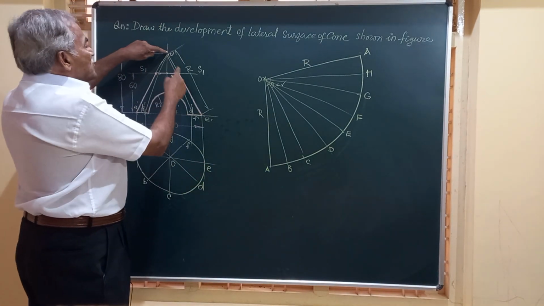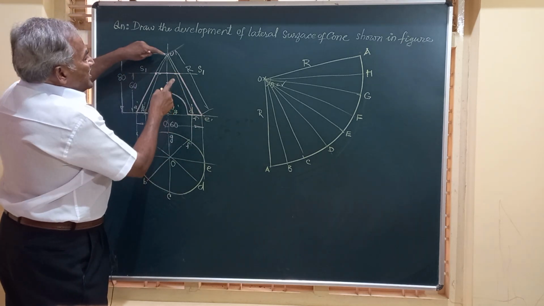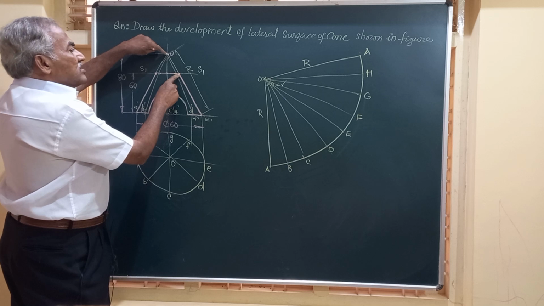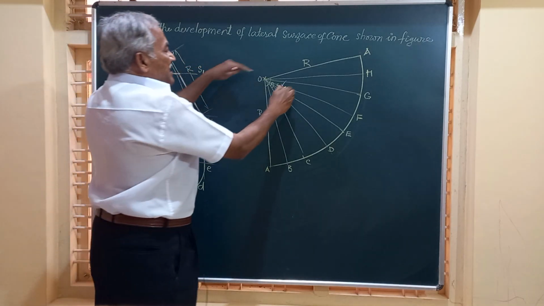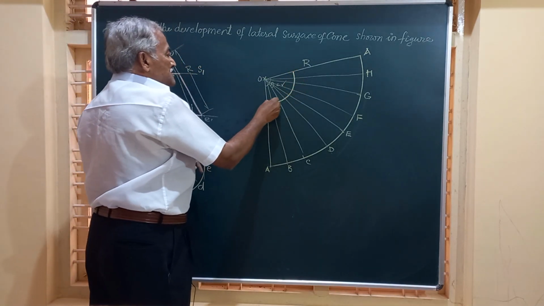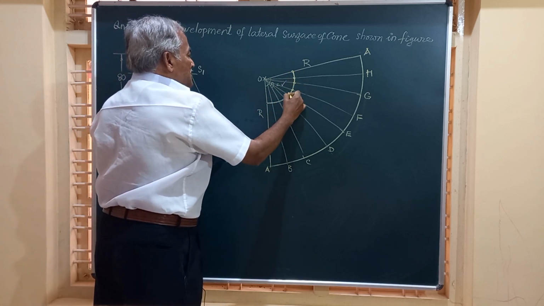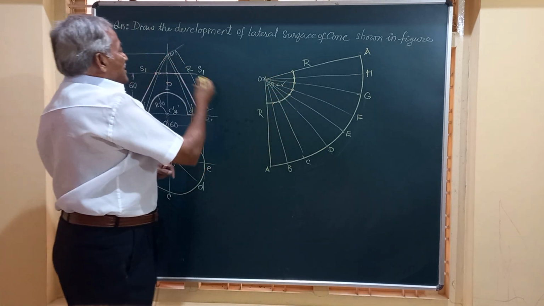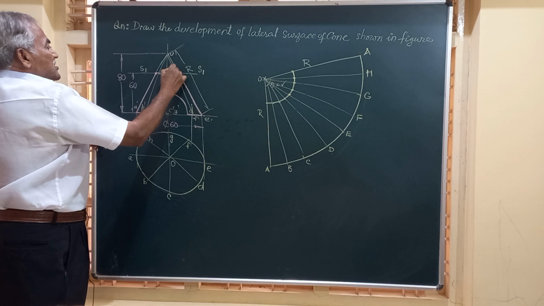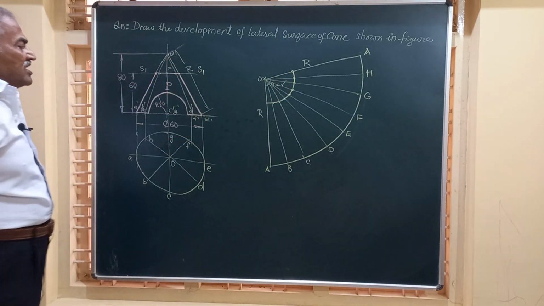And since this is the true length and this section plane is parallel to the base, you can take this measurement on all the generators from this apex, or you can take O as center, this much radius, and strike an arc, because all these are at the same distance. So this is how the horizontal section plane has cut this. This part is removed. We don't have the portion above. That is to say, this portion is not there.